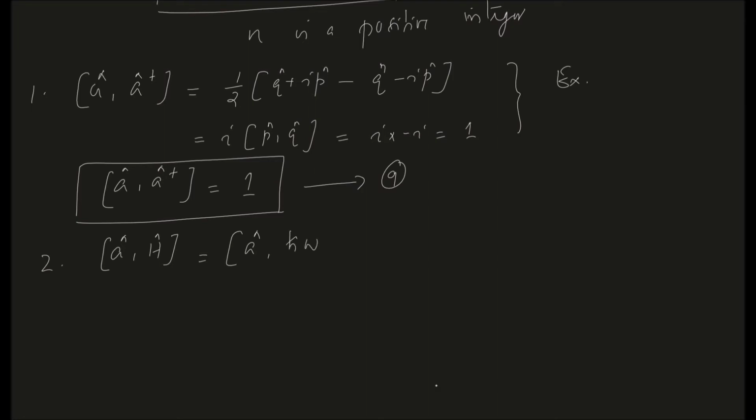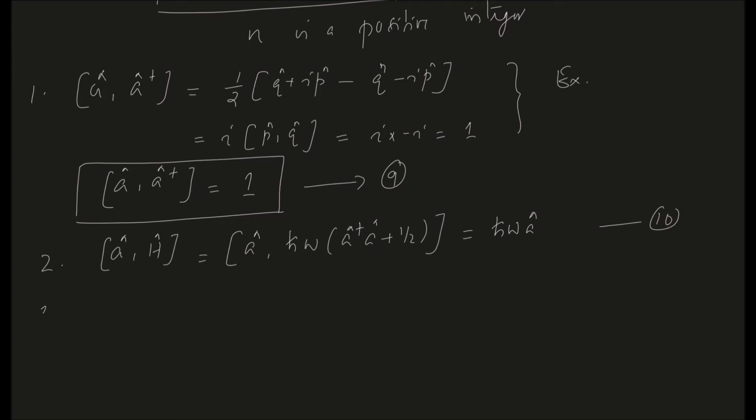We have seen that the Hamiltonian is ħω(A dagger A + 1/2). If you do that, you will get ħω A. So this is equation number 10. All these commutation relations are exercises which you have to do yourself and submit to me.